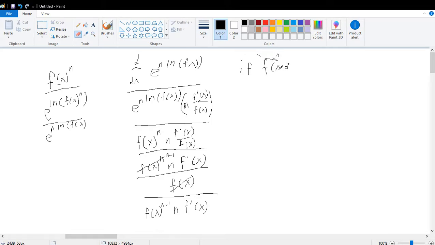If f of x equals x, then it is x to the n minus 1 times n, and then the derivative of x is just 1. Another way of writing that is n times x to the n minus 1, which should look very familiar.